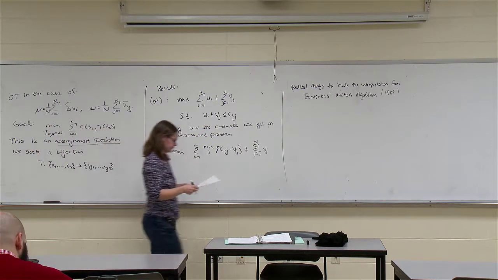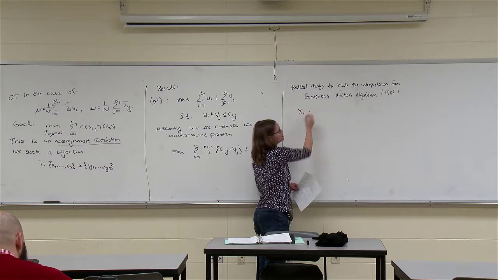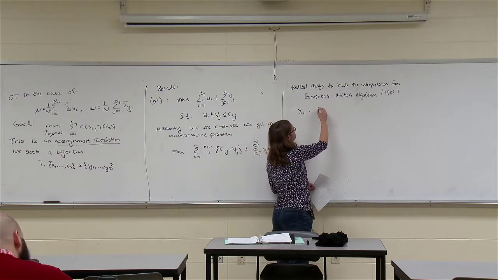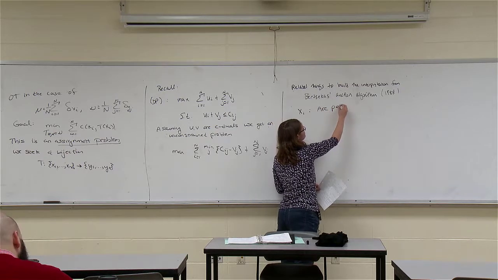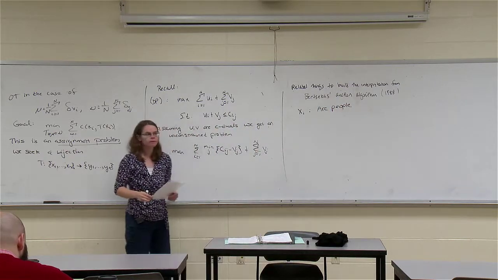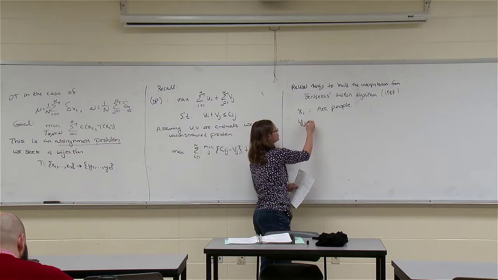Okay, so how am I going to interpret things? I'm going to think of the x_i as people, so each i corresponds to a different person, and the y_j are objects that the people want.